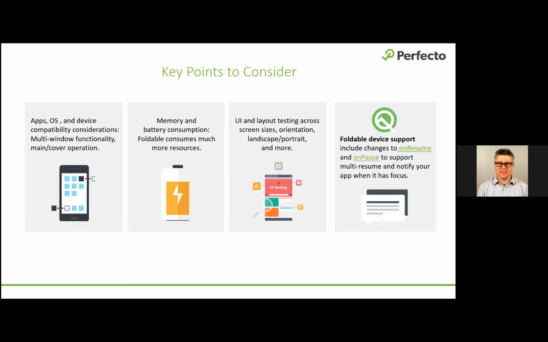You need to understand how to architect the app and test for this resource competition, because this is definitely relevant on a foldable smartphone. Then there is all the UI layout testing and the on resume and on pause when you are switching from one app to the next, when your screen is moving from the folded to the unfolded mode. These are all really important things that you need to consider.